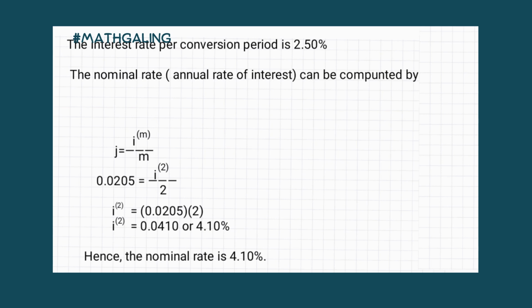The nominal rate or annual rate of interest can be computed by g is equal to i raised to the power of m over m. 0.0205 is equal to i raised to the power of 2 over 2, and i raised to the power of 2 is equal to 0.0205 times 2, and i raised to the power of 2 is equal to 0.0410 or 4.10%. Hence, the nominal rate is 4.10%.